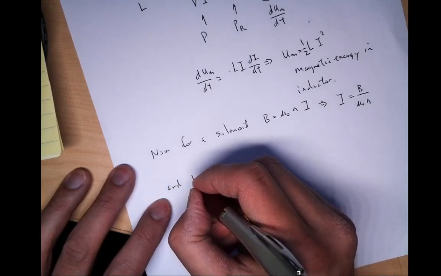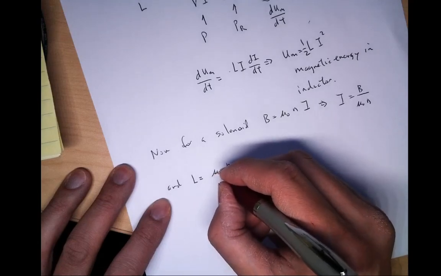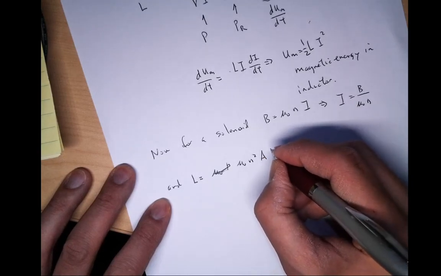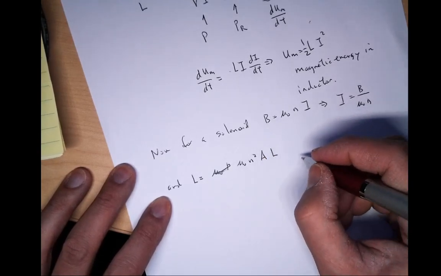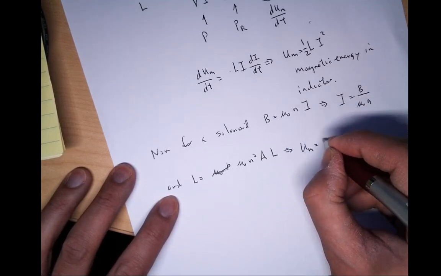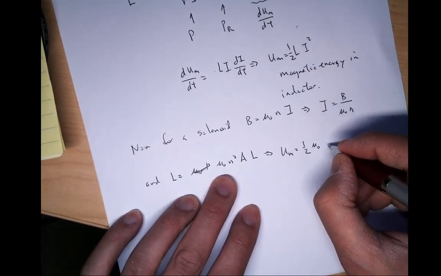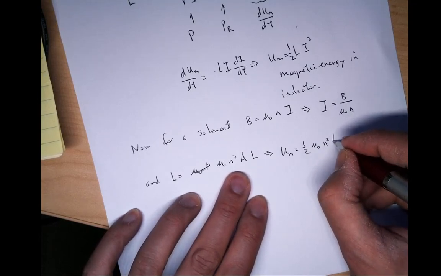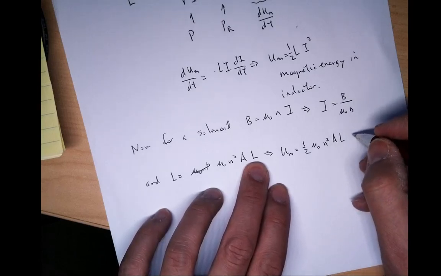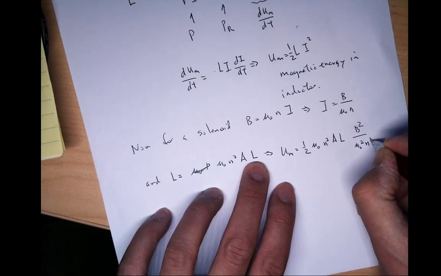And L is equal to mu 0 n squared times A times L, right? Which implies that U_m is 1/2, plug everything in now, mu 0 n squared A L, and now let's put the I squared here. This is B squared over mu 0 squared n squared.